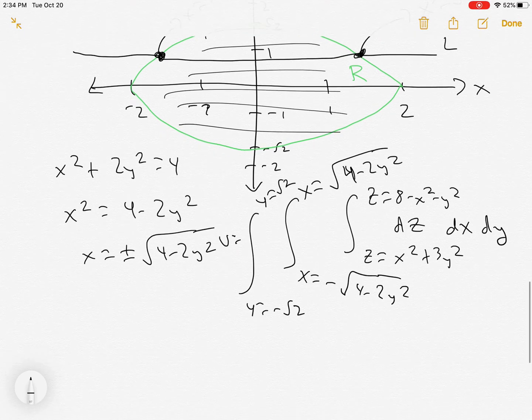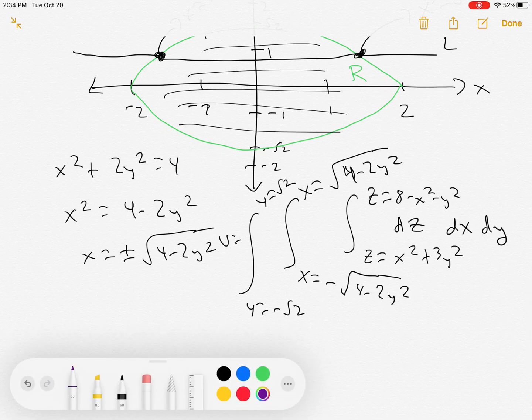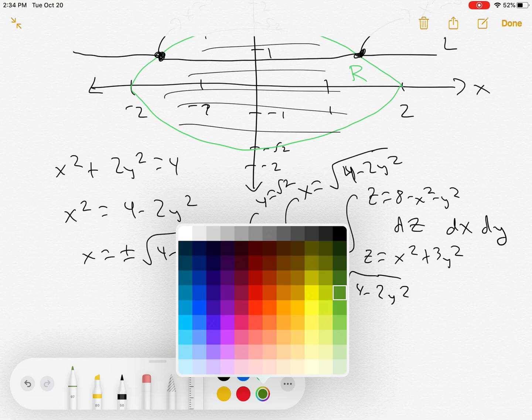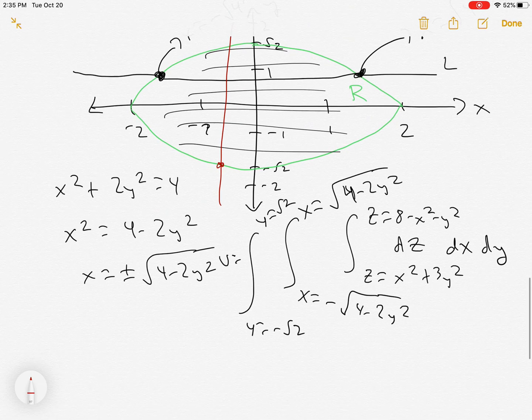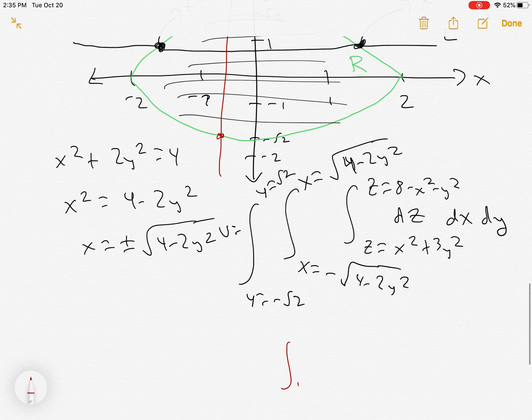Okay. We also could have done it another way. Let's find a cool color here. Red. We also could have gone like this, right? And then our bottom function would have been y equals minus the square root... Oops. I did that too fast.